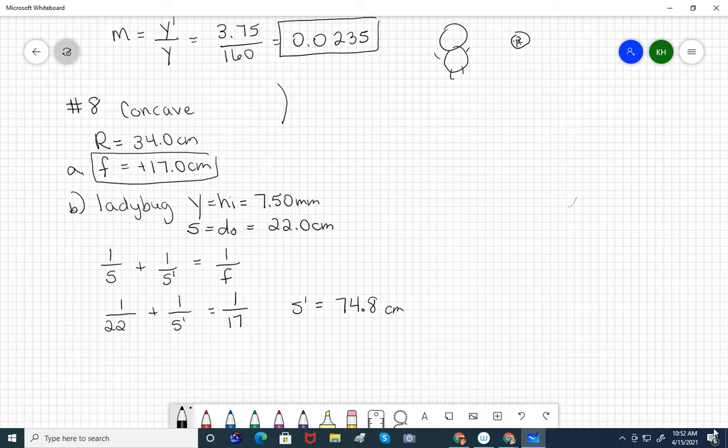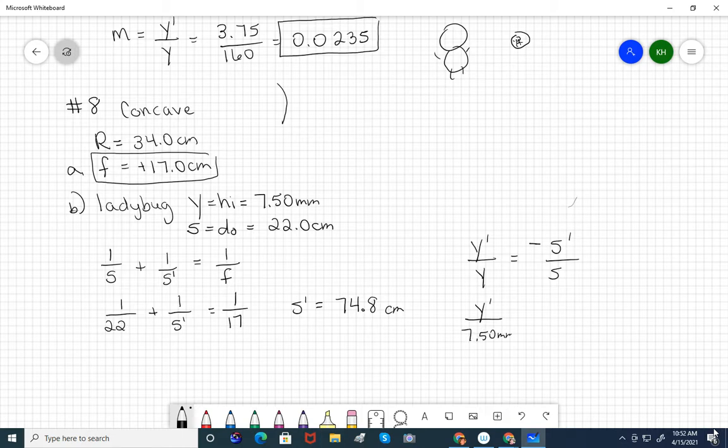What's next? The height of the image. To get the height of the image, we know that the height of the image over the original height, y prime over y, is equal to the opposite of S prime over S. The ladybug was how tall? 7.50 millimeters.